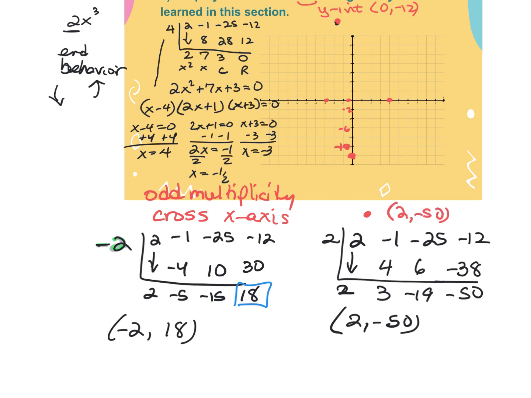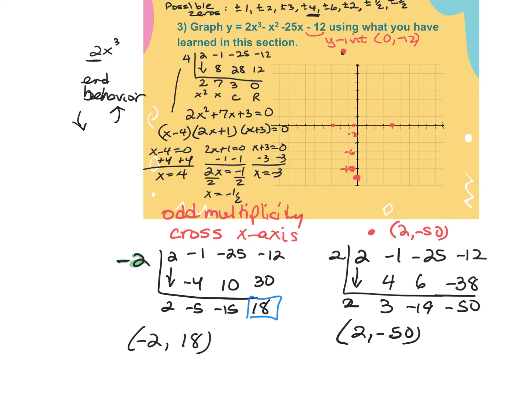So let me add in the end behavior. Again, remember over here, we said that it's an x cubed and it's positive. So the end behavior will be falling to the left, but rising to the right. So again, these are all crossing the x-axis.